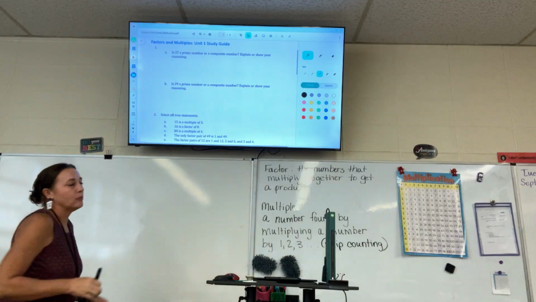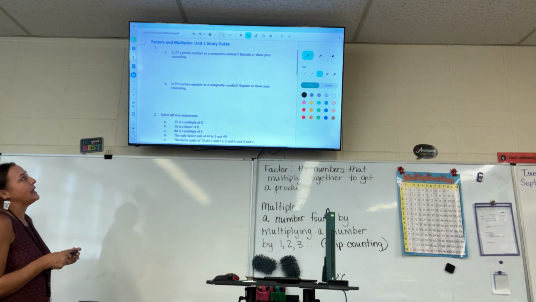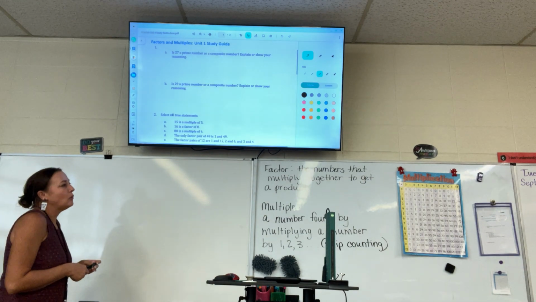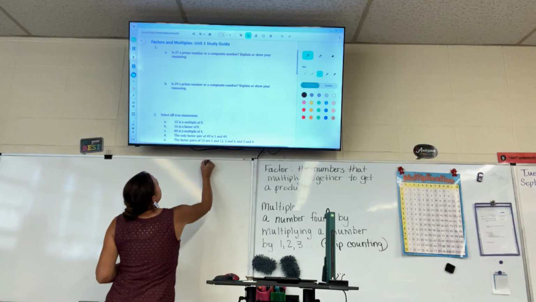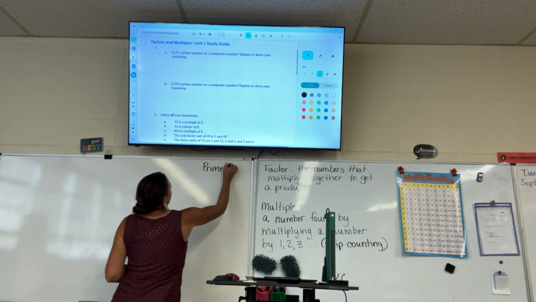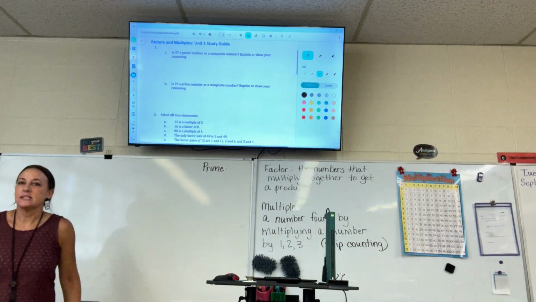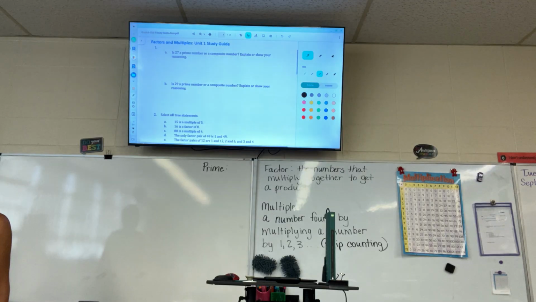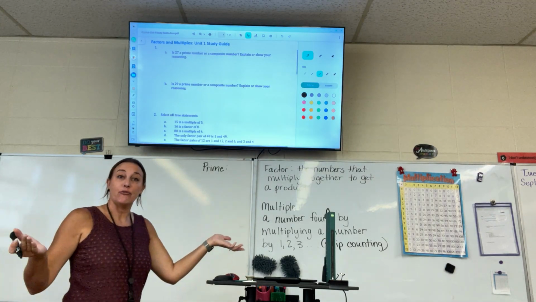All right, here we go. Number 1 says, is 27 a prime number or a composite number? Explain or show your reasoning. So how many factors do prime numbers have? Lucius? 2, exactly 2. 1 and itself, right?